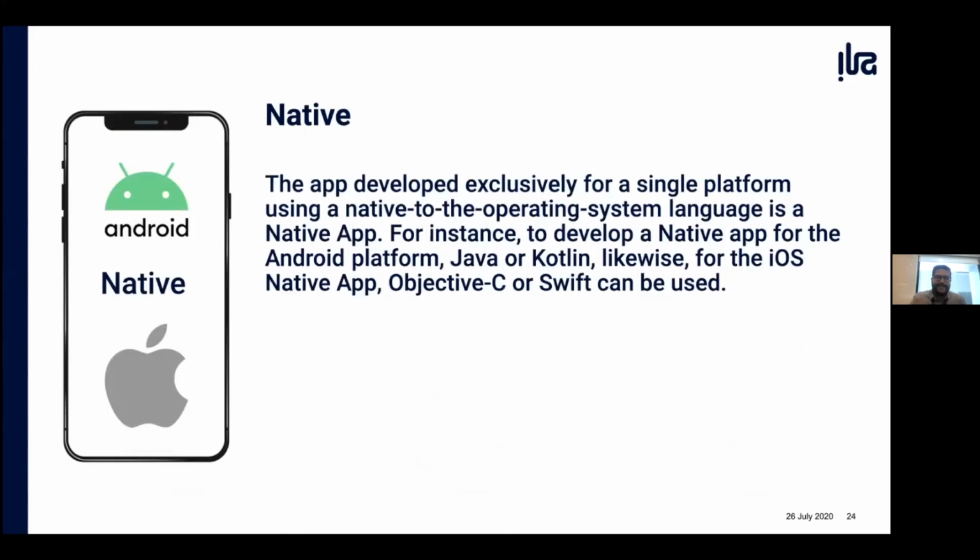So the first thing is native apps. Native apps are actually apps that are developed in the way that the manufacturer, or let's say the company that owns the operating system, wants you to do it. For example, in Android, Google has developed all these tools, for example something called Android Studio as an IDE for you to develop your apps.